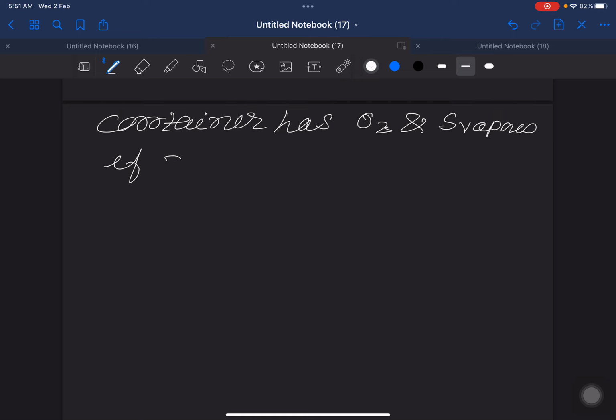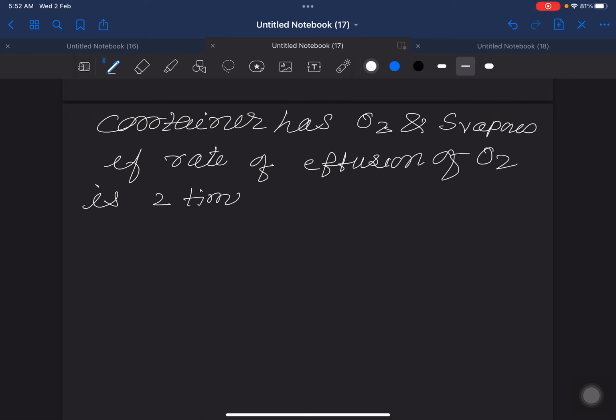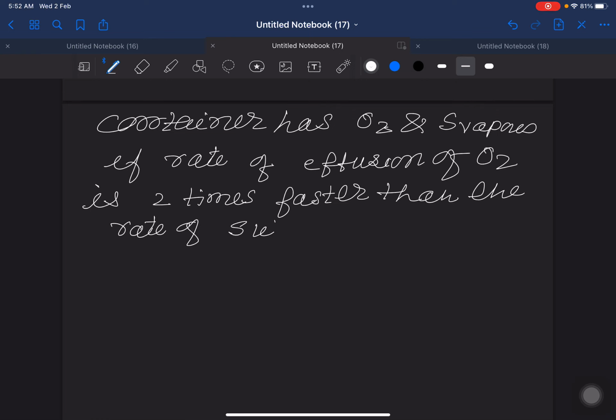If rate of effusion of O2 is 2 times faster than the rate of sulfur vapor, find out the formula of the sulfur vapors. What's the formula?